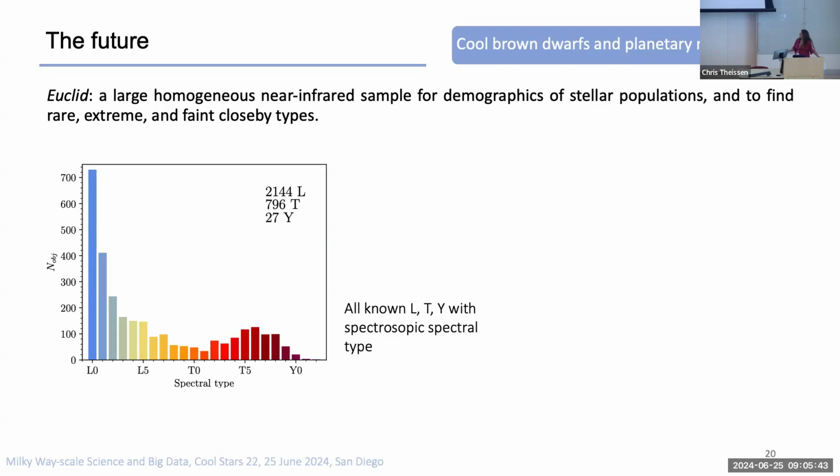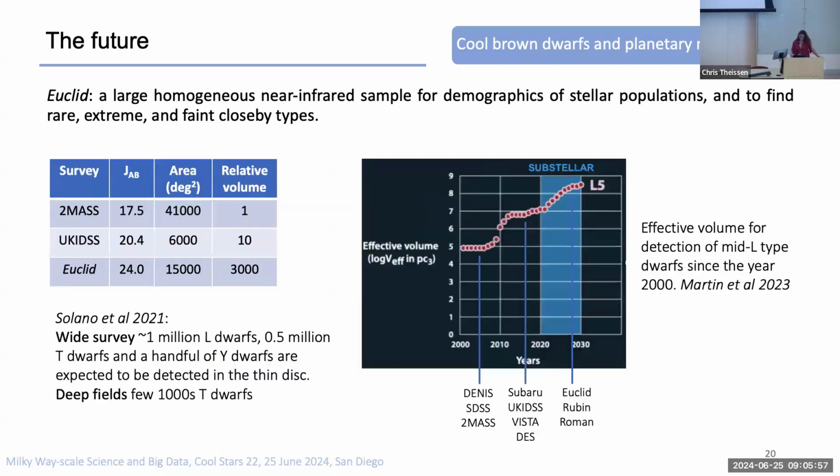Here I plot what we know, the number of objects as a function of spectral type, objects with spectroscopic spectral type. And probably we are missing objects in this faint part. And predictions have been made on what we expect to have. So in Euclid, we will have a volume which is 3,000 times larger than the 2MASS survey and 300 times larger than Euclid. And Solano et al.